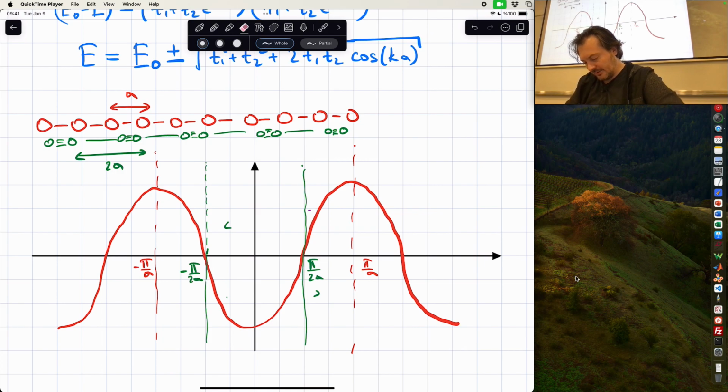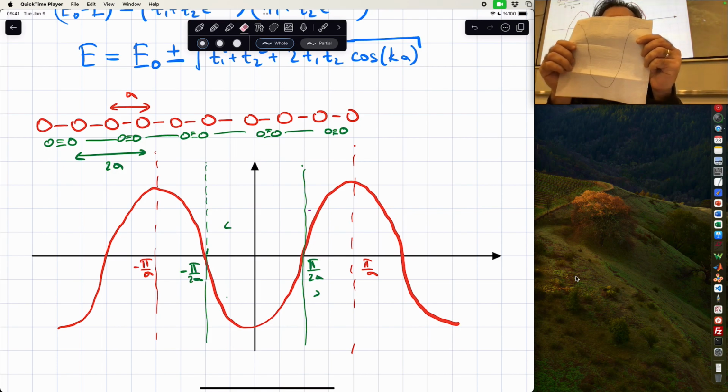Let me fold a Brillouin zone for you. Do we have a pencil? Okay, yes, it's drawing. Do you see it? Yes?